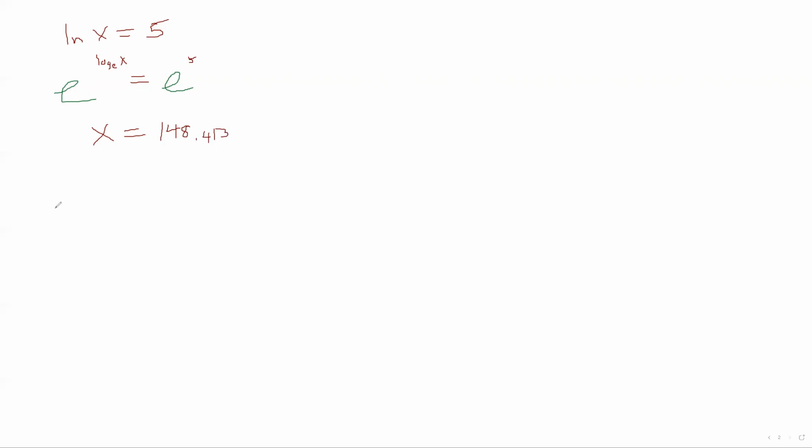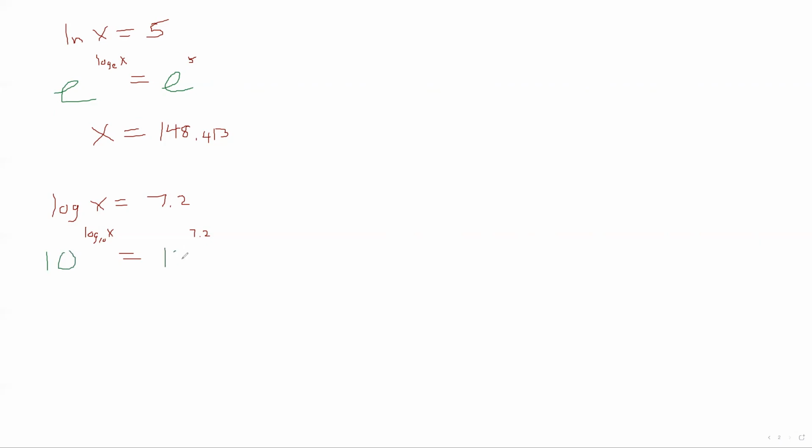Similarly, if I said log x is equal to 7.2, we're going to remember that this, if it doesn't have a base specified, is log base 10. And we are going to need to exponentiate both sides. So we are going to do 10 to the on both sides.